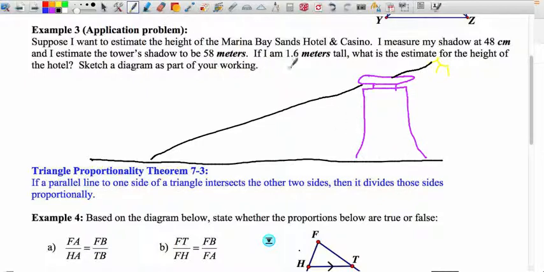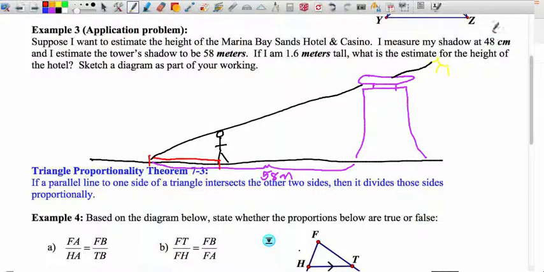What we've established so far is that I estimate the shadow of the tower to be 58 meters, and then my own shadow is 48 centimeters, so I'm going to insert myself over here, and my shadow is being cast in this portion over here.